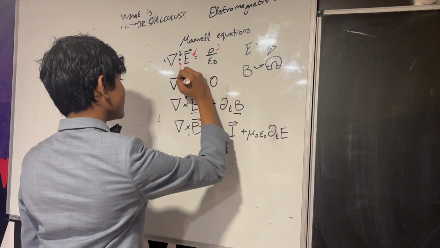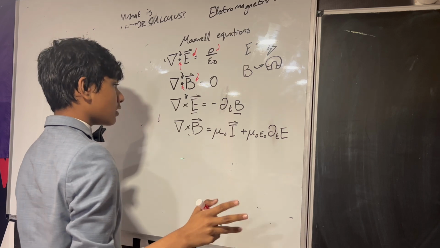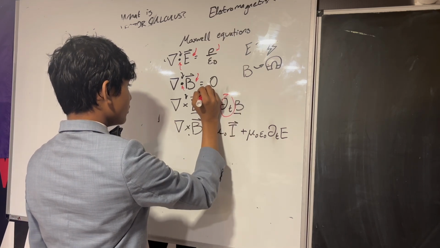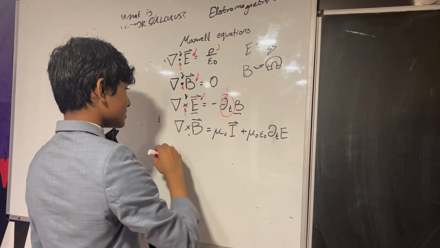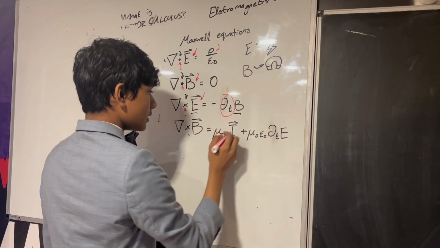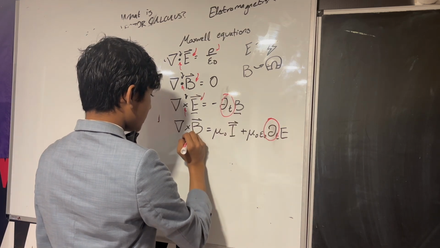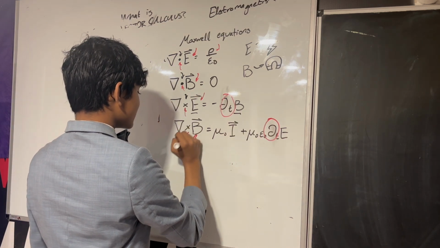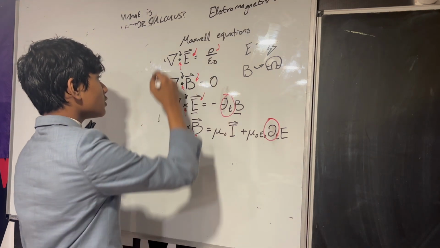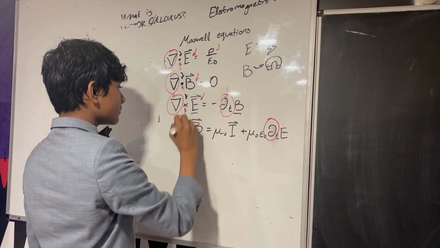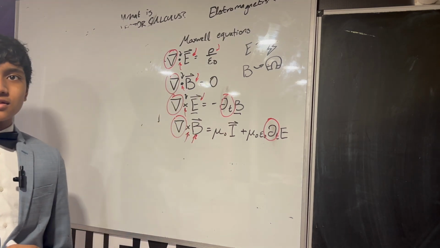We already know what this is and what this is, so that's crossed off. Actually, we do have to get to that first. But we know what this is and we know what this is, so that's crossed off. And actually we don't know what this is either, but we know what this is and we know what this is, so that's crossed off. So let's circle all the things we don't know about. I'm seeing an eerie pattern.